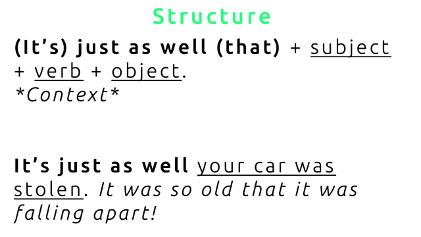For example, it's just as well your car was stolen. It was so old that it was falling apart. The context gives more information about the situation, and you're giving your reason why you think this is a good thing or a lucky thing.